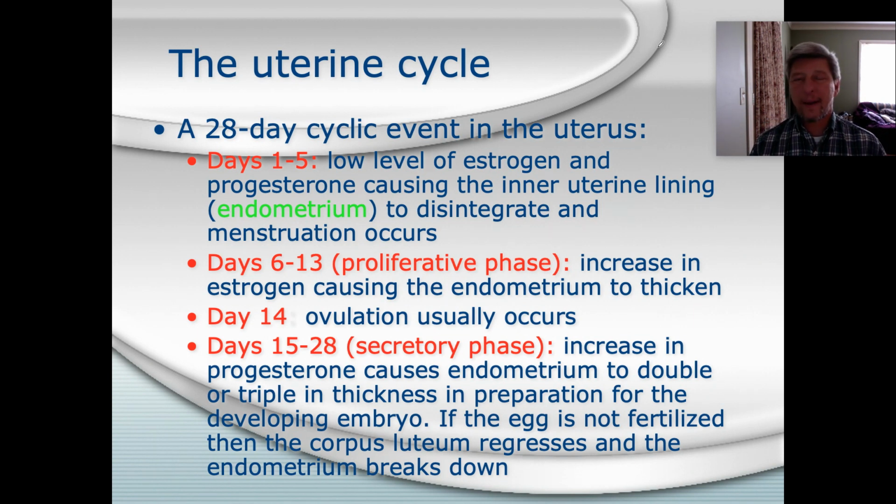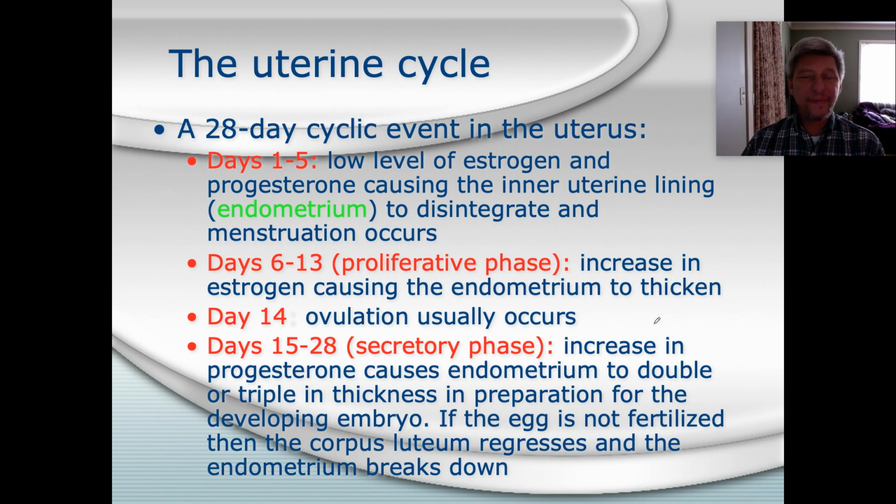Now, at about day 6 through about day 13, we enter what's called the proliferative phase. During this point, there's estrogen now being formed by the new follicle, okay, and being put into the bloodstream, and that causes the endometrium to thicken. And this occurs, the endometrium gets thicker and thicker and thicker until about day 14, when in the ovarian cycle, remember, ovulation occurs.